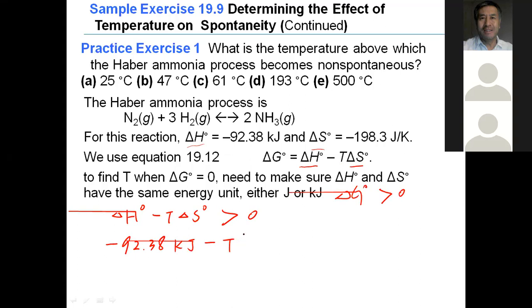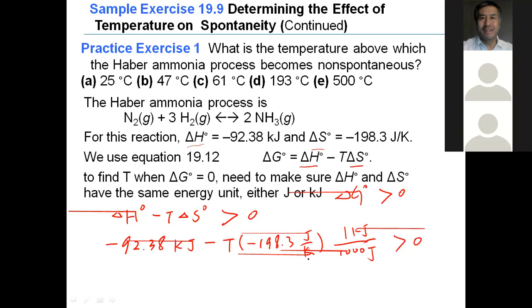So we have this number here for delta S, which is negative 198.3 J per K. So, as we did for the first part of the question, we want to convert this into kJ, and we need this larger than 0.